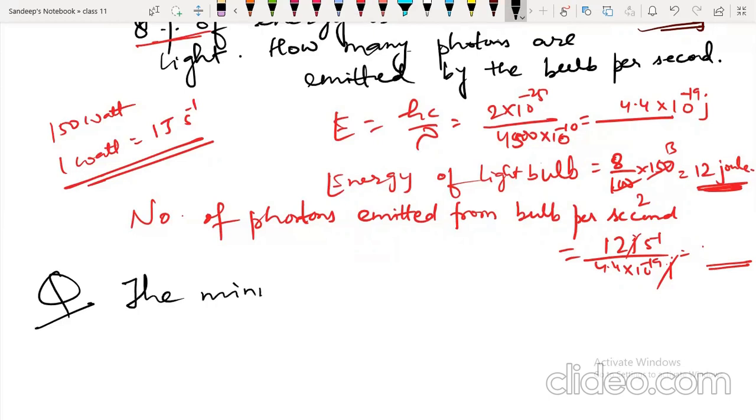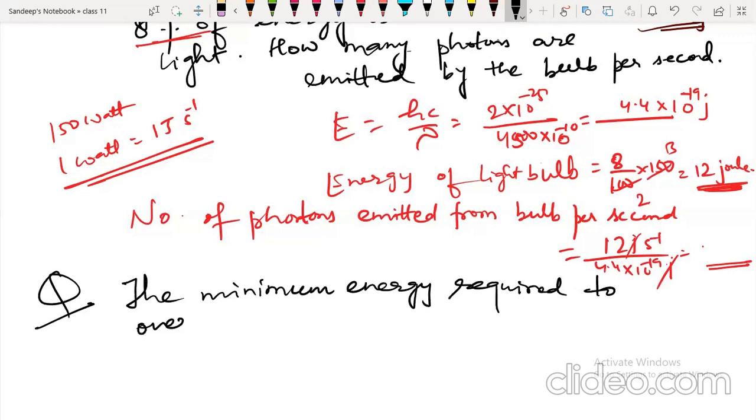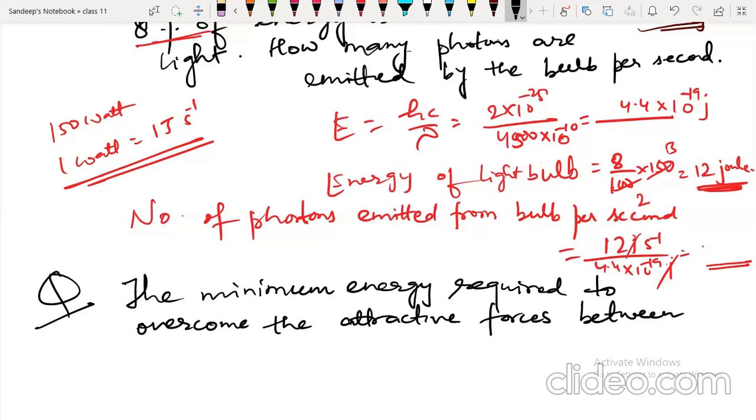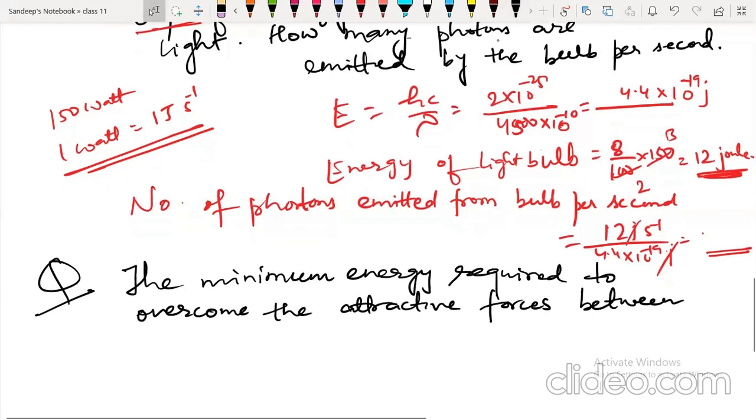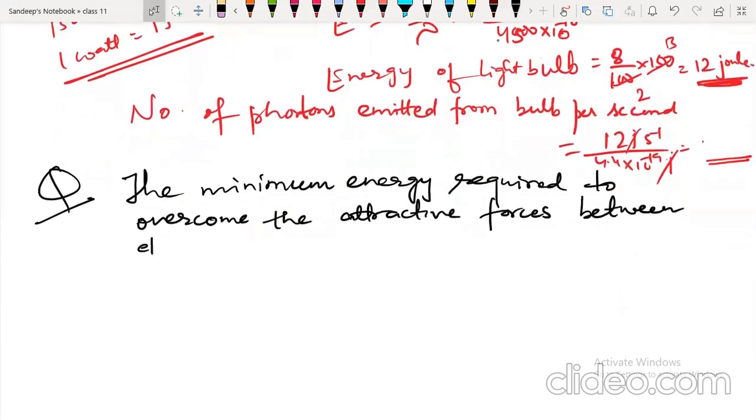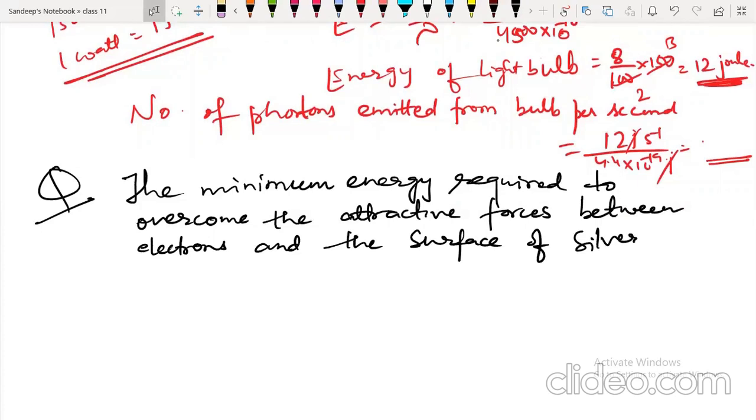The minimum energy required to overcome the attractive forces between electrons and the surface of silver metal is 7.52 into 10 to the power minus 19 joule.